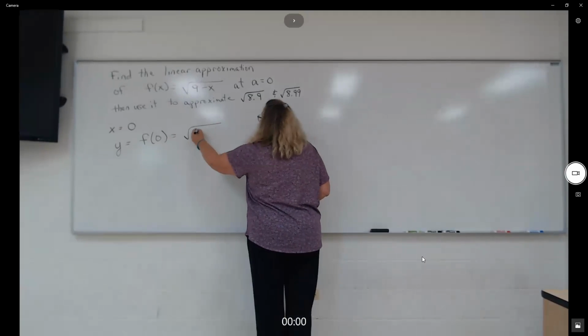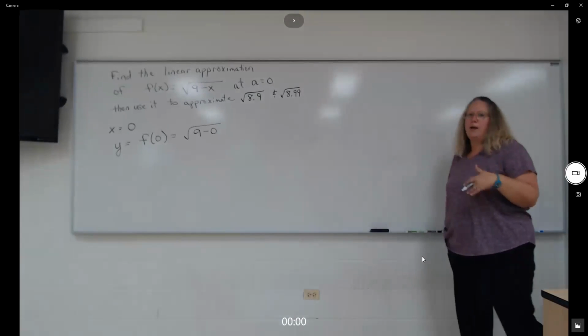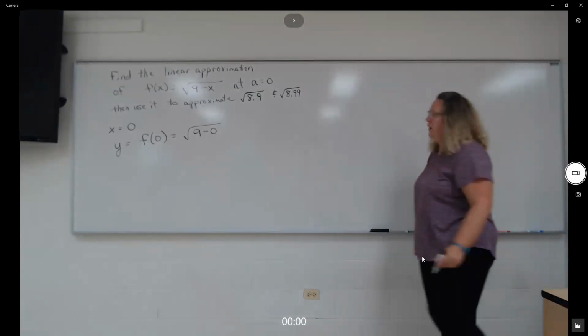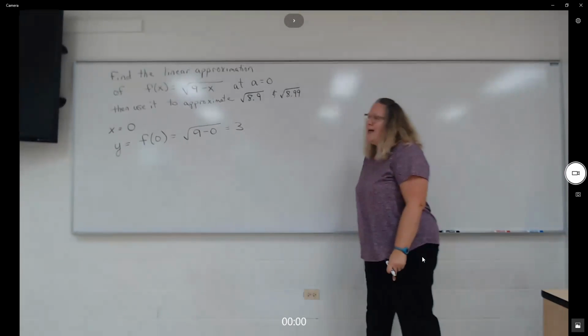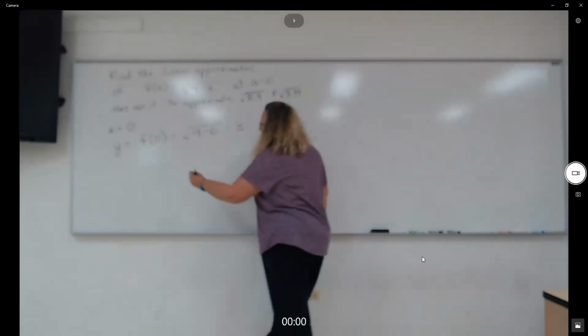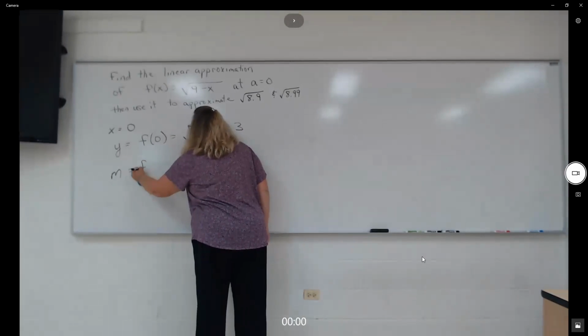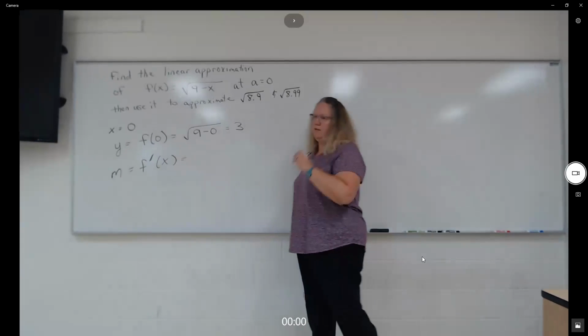So the square root of 9 minus 0. Go back to a regular f of x. And that's actually not too bad, right? That is 3. And then the last thing we need is slope. To find slope, we have to find the derivative.